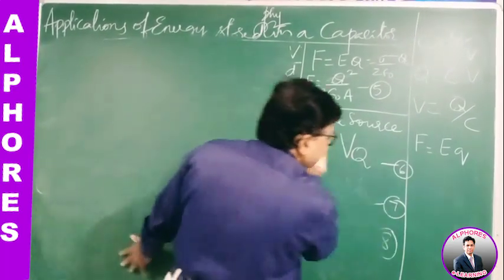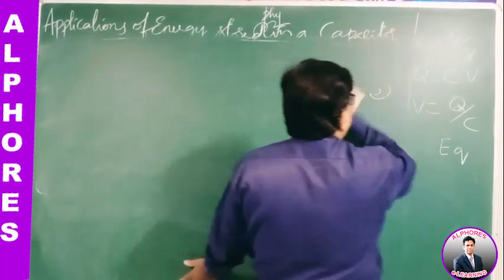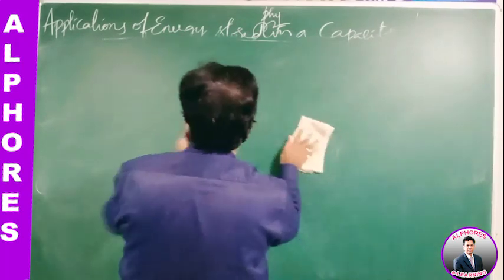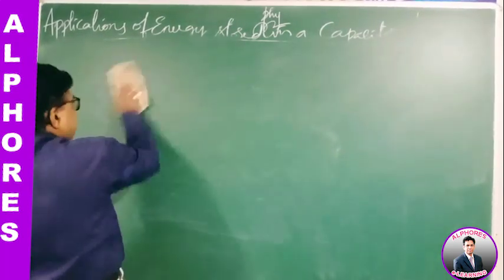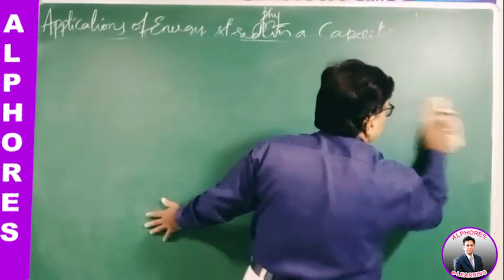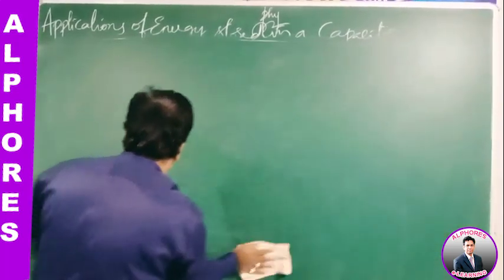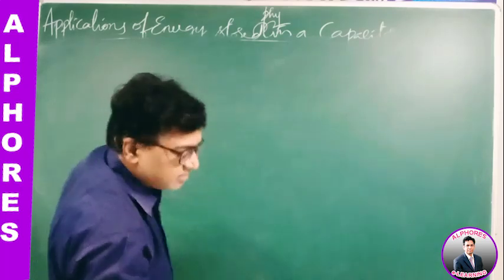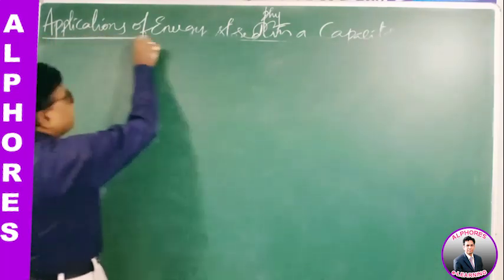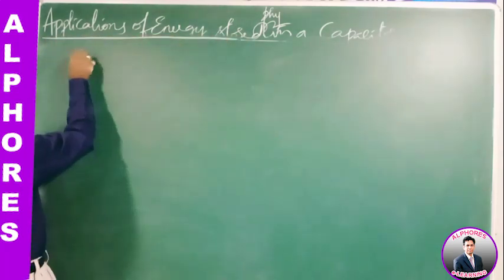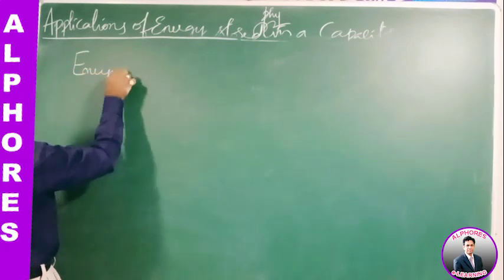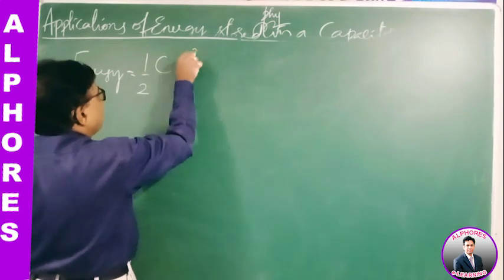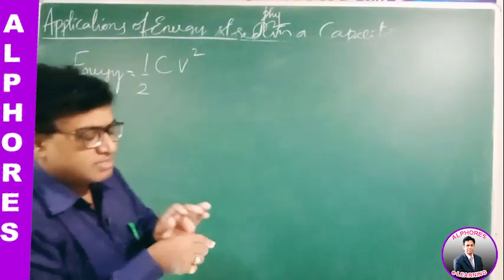Coming to the energy stored in the capacitor, the energy stored is half CV square.